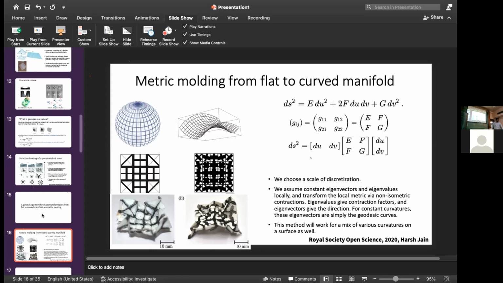If I want to make a sphere of radius r, say a 1 centimeter sphere, how much paper will I need? It depends on this: as we keep on increasing these black regions, they will act like free hinges.